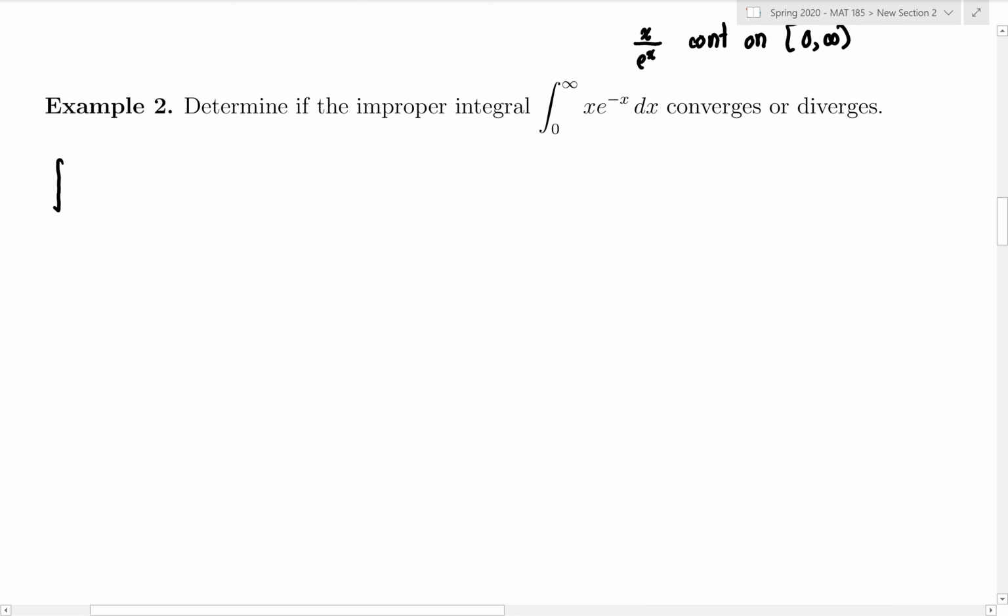The first thing we're going to do is turn it into a limit, right? So the integral of x e to the negative x is going to be the limit as t approaches infinity of the integral from 0 to t of x e to the negative x, where t is some number.